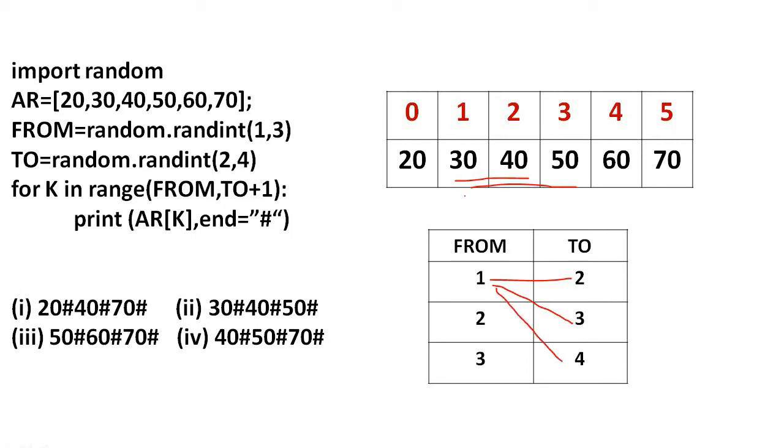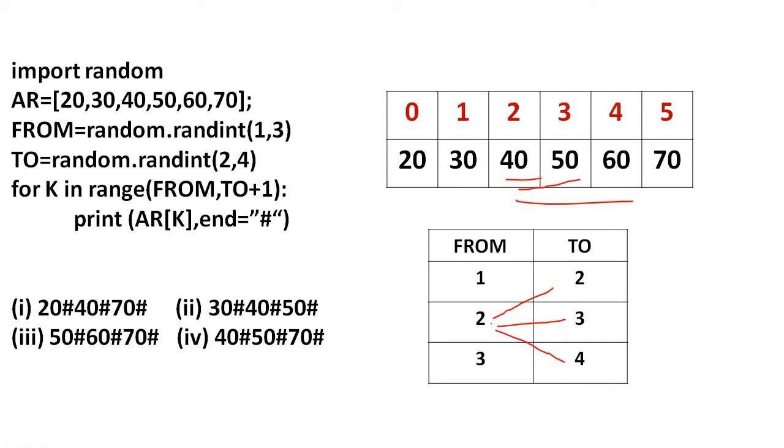That is 30 hash, 40 hash, 50 hash, 60 hash. Okay. Then go for when the value of from is 2. First one 2 to 2. What will be the output? 40 hash. Then 2 to 3. 40 hash, 50 hash. Then 2 to 4. 40 hash, 50 hash, 60 hash.